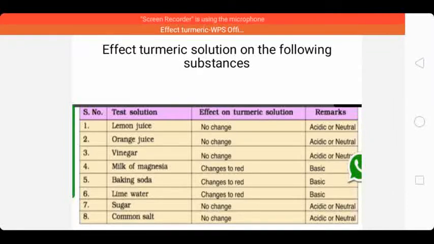Good morning, students. Let us discuss one activity from our textbook, the effect of turmeric solution on the following substances. We know that turmeric turns basic substances red, and there won't be any change in color when an acidic substance is added to it.